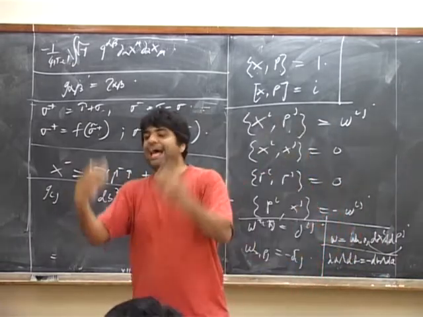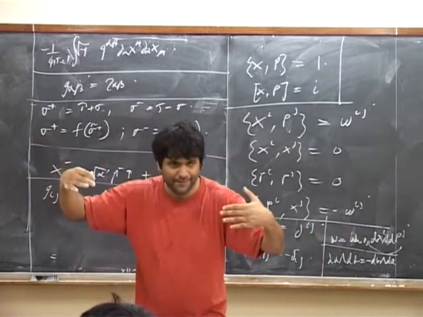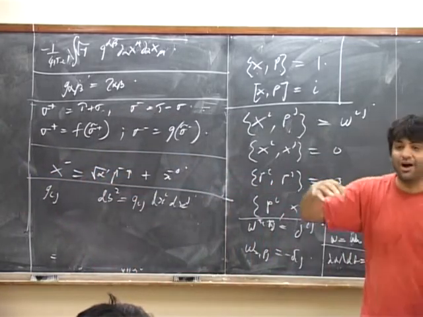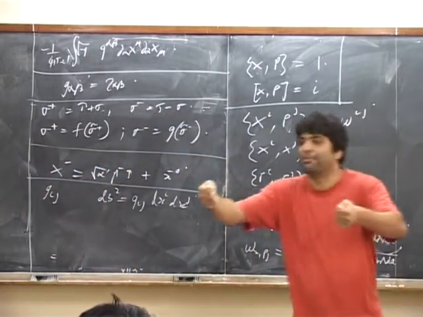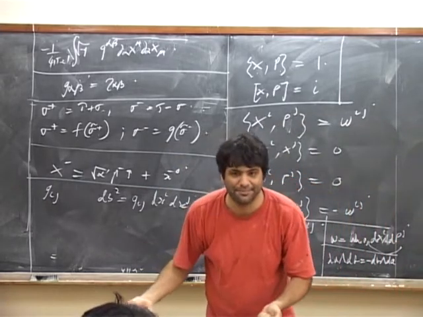Okay? And then you can use that to invert this omega and find the Poisson brackets on the objects that you will promote to operators that you like, not necessarily in terms of x and p.